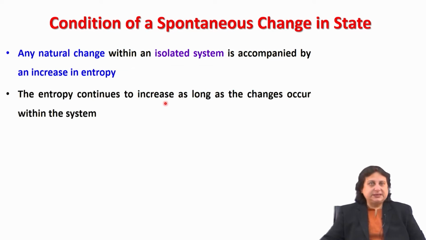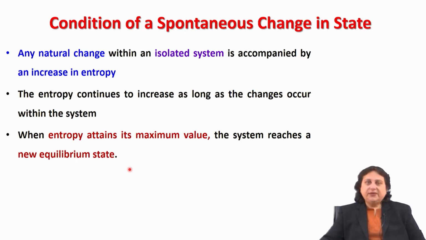So, you start from an initial equilibrium state, then you allow the system to undergo a change in state. Then there will be an increase in entropy, and the entropy will continue to increase as long as the changes occur within this isolated system, and eventually when the entropy attains its maximum value, the system has reached a new equilibrium state.